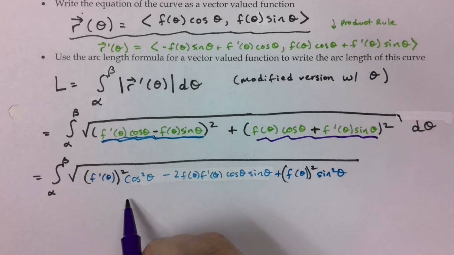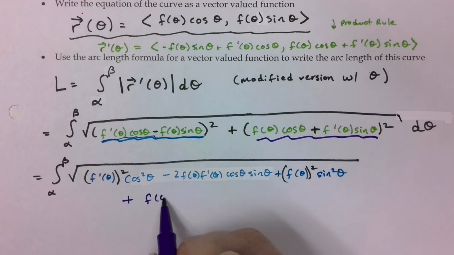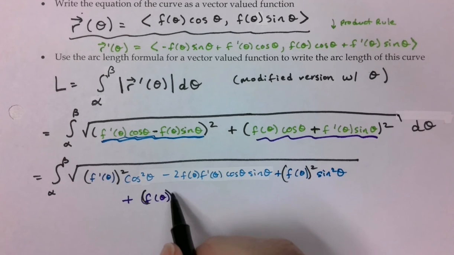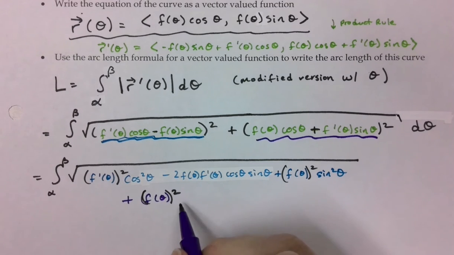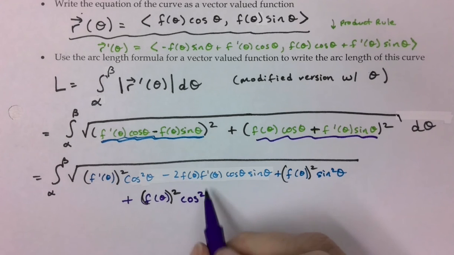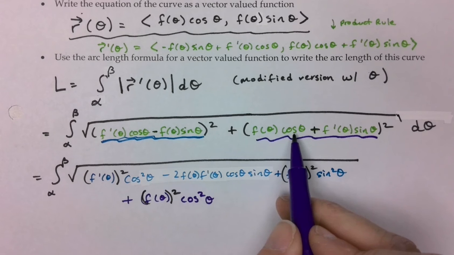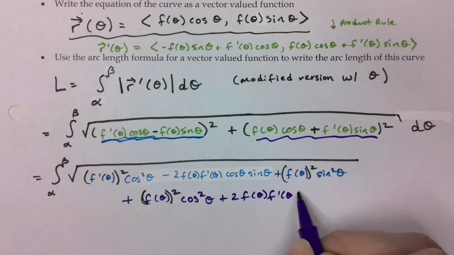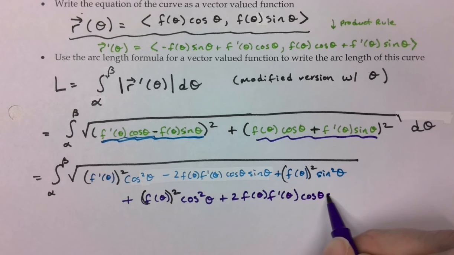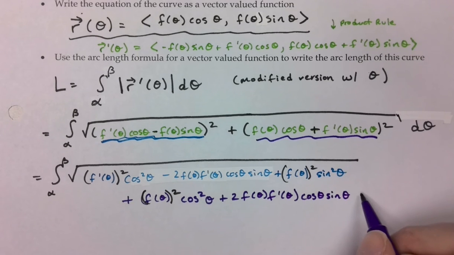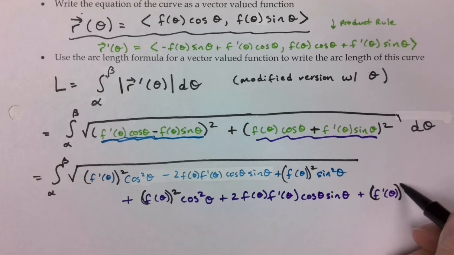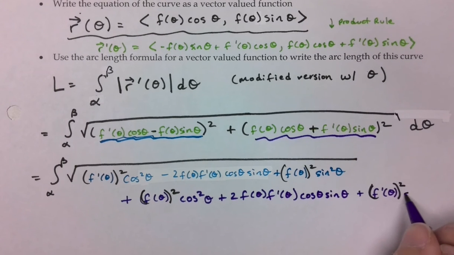So that would be plus f of theta squared again, and then cosine squared. That's the part I forgot in the last one. Cosine squared theta, this is cosine times cosine, plus 2 f of theta, f prime of theta, cosine theta, sine theta, and then plus another f prime of theta squared, and then a sine squared.